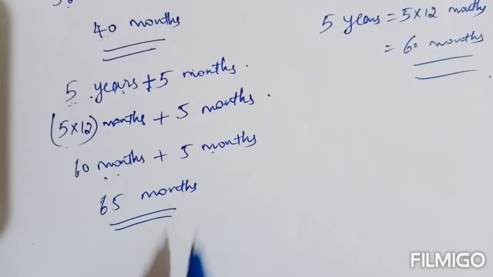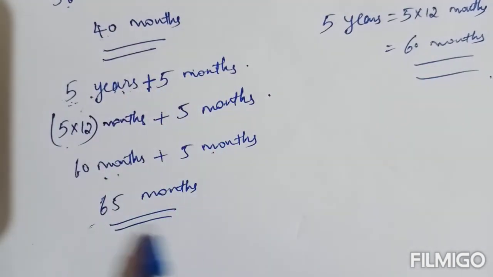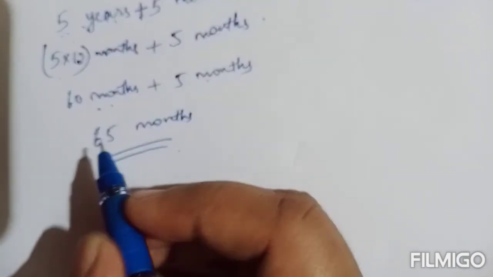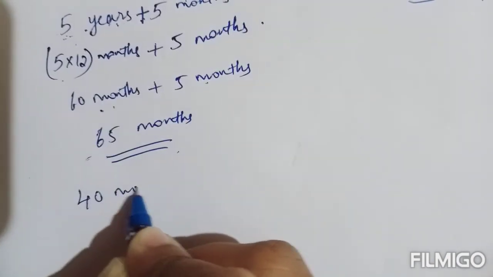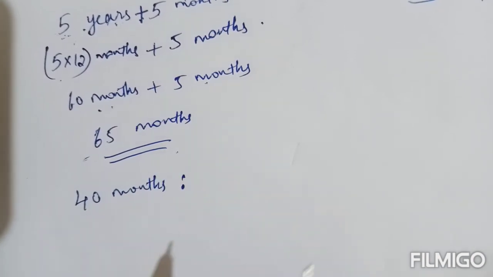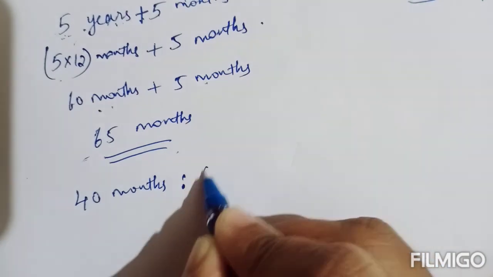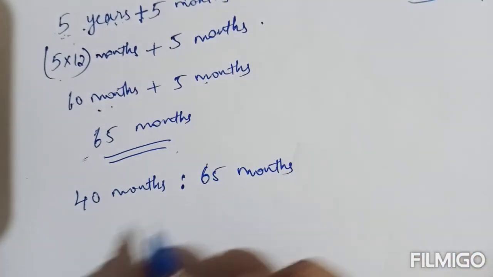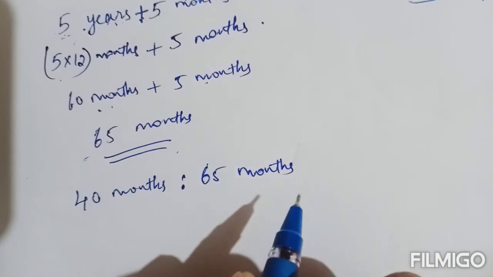5 years plus 5 months, or 5 years 5 months, is 65 months. So in place of 3 years 4 months, we can write 40 months is to, in place of 5 years 5 months, we can write 65 months. Now find these two ratios. 40 months is to 65 months.